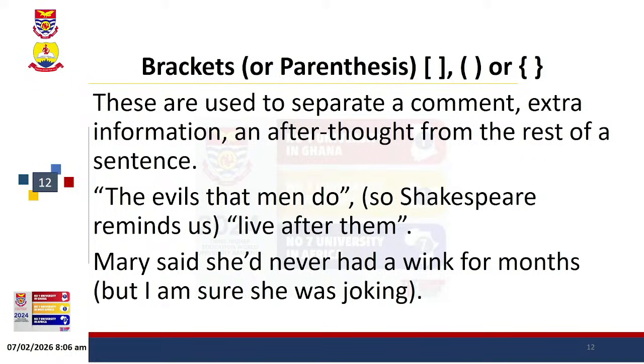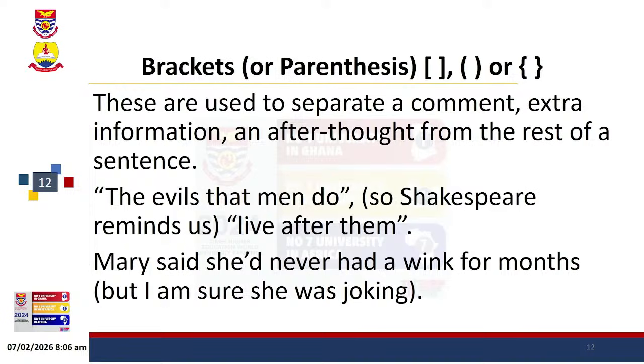There is something in brackets there. And what is in brackets gives us some extra information, or our own thoughts, and we want to separate it from the main sentence. And that information is, but I'm not sure she was joking, or I'm sure she was joking.